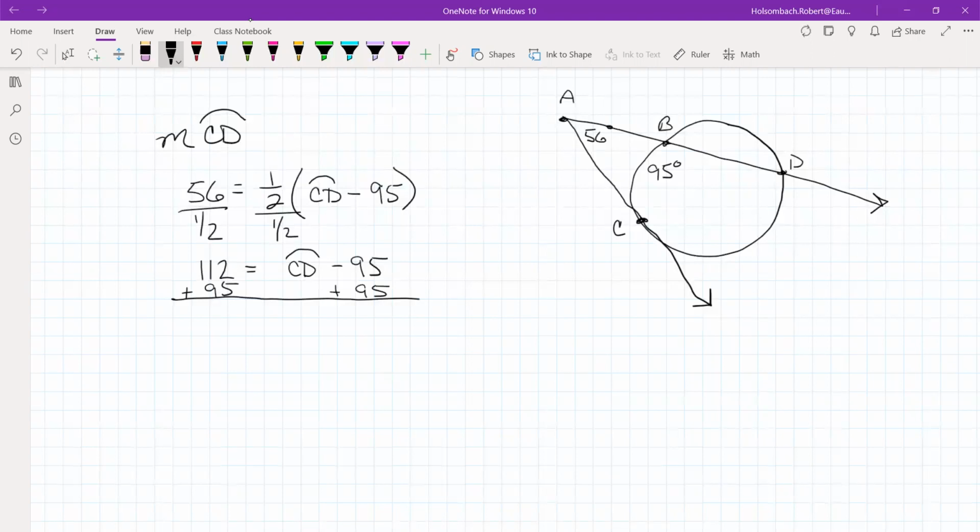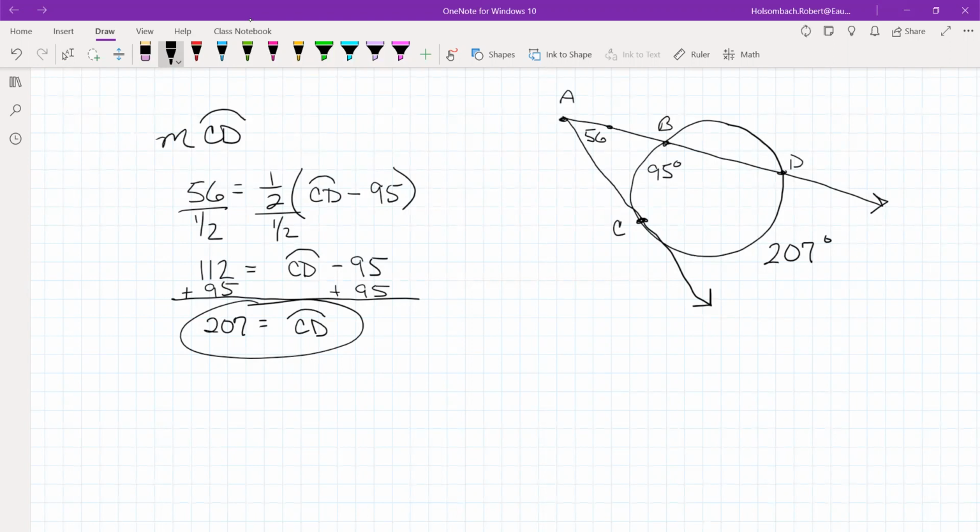So 112 plus 95 is equal to 207. And that's equal to arc CD. Angle formed equals 1/2 of big arc minus little arc.